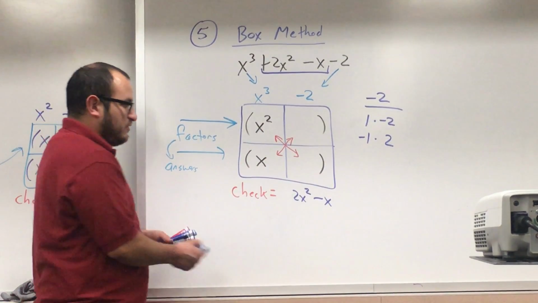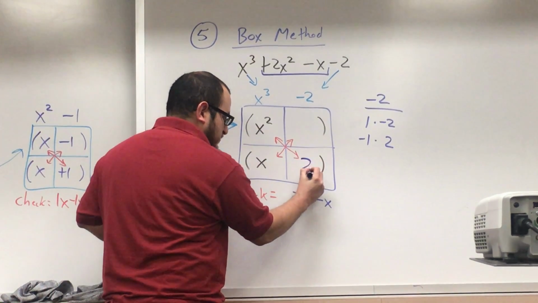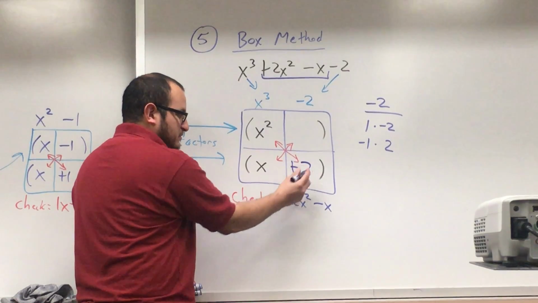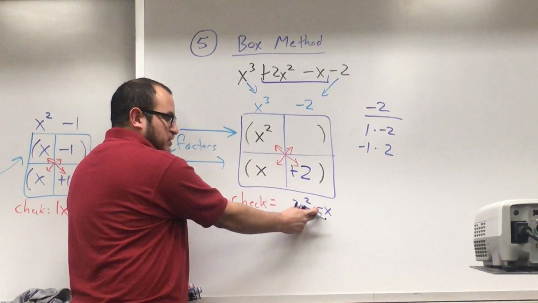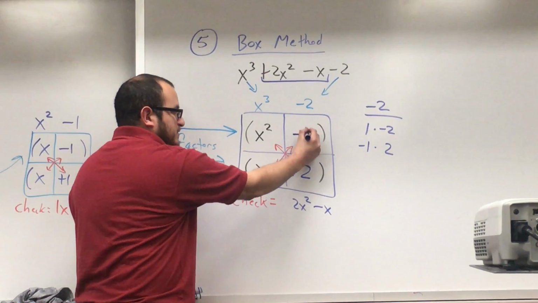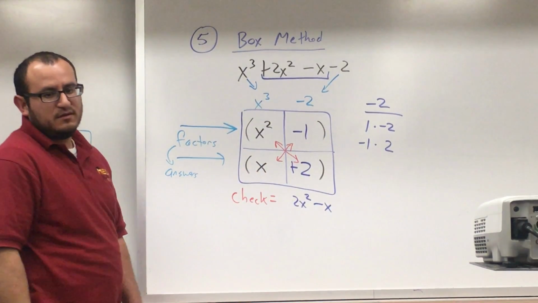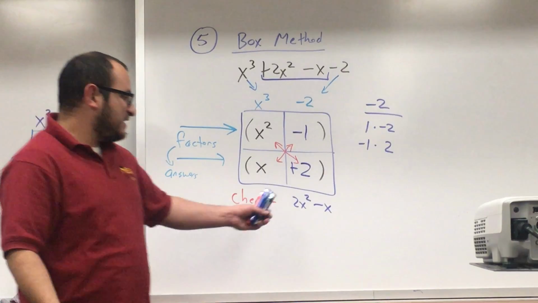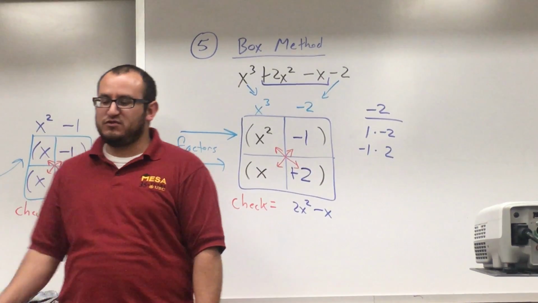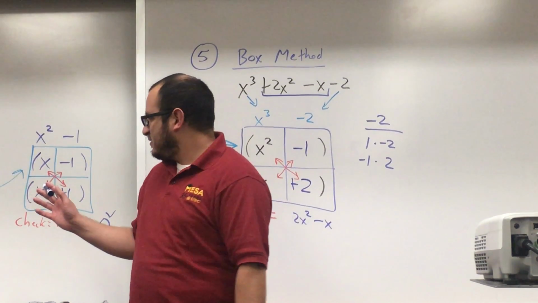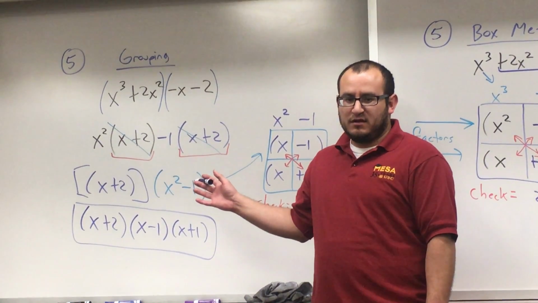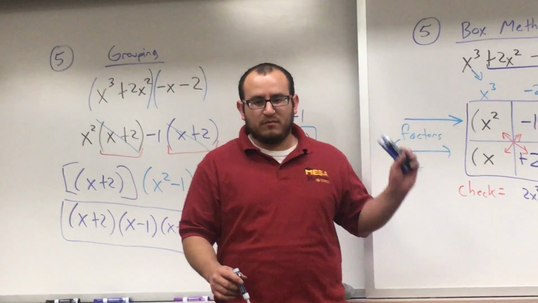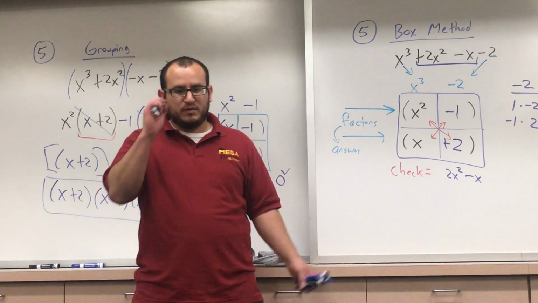So 2 has to go here. Okay? There's no other way around it, because you want 2x squared. 2x squared is across from it. You want negative x, therefore negative 1 has to be up there. Okay? It's that easy, guys. They actually give you your answers. Whereas if you do grouping, okay, you actually have to do a little bit more work, okay? That's why I prefer box method, okay, over grouping, okay?